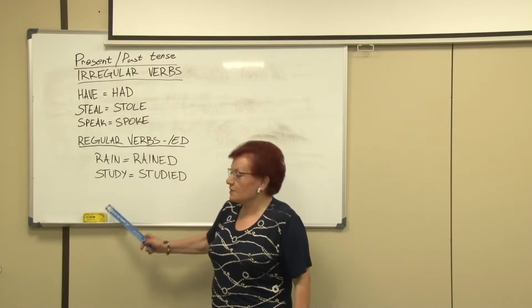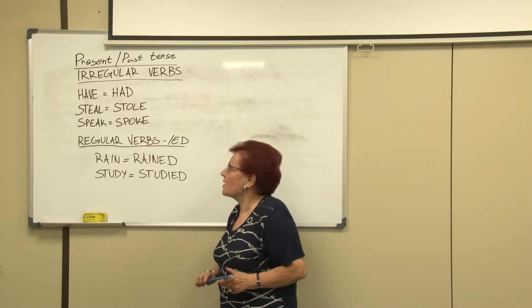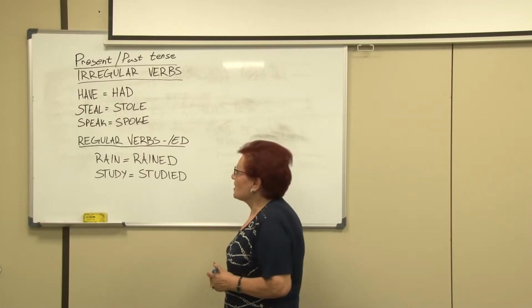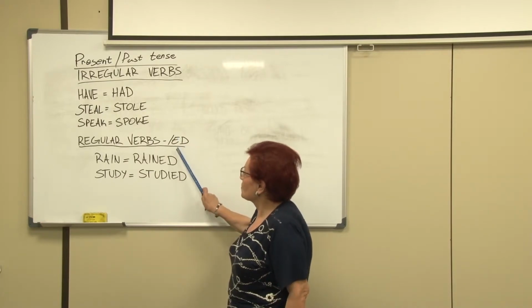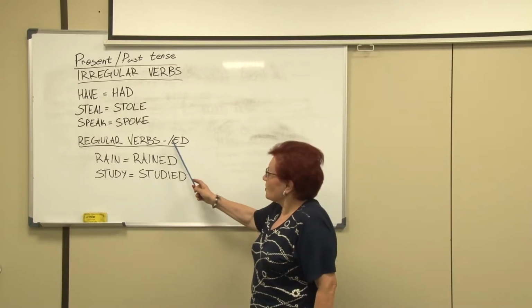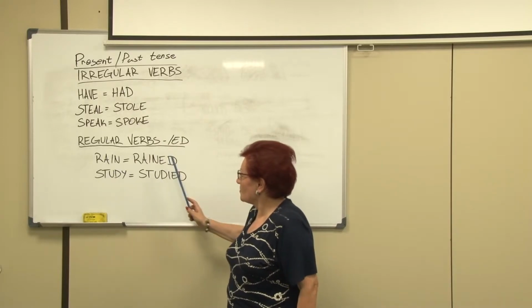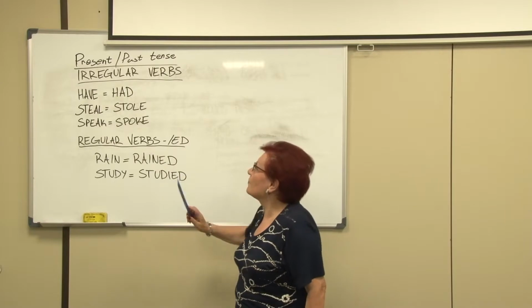From the previous sentences, as examples, I mentioned that we have irregular and regular verbs. Regular verbs usually form the past simple tense with ed. Rain, rained. Study, studied.